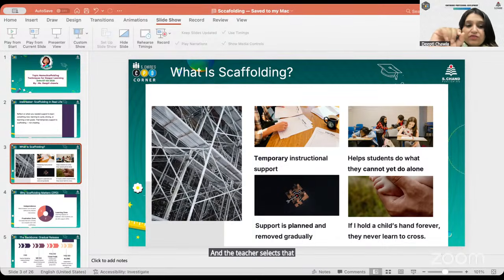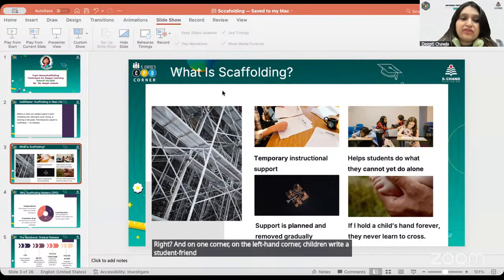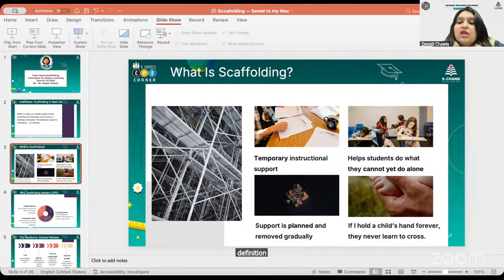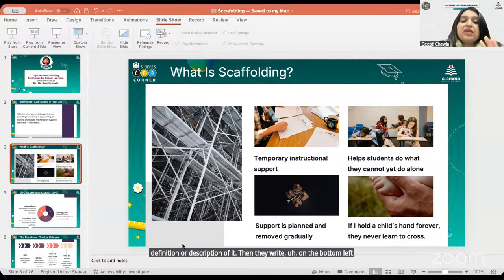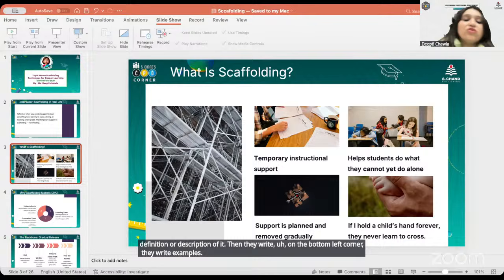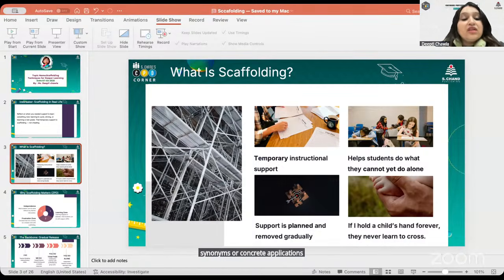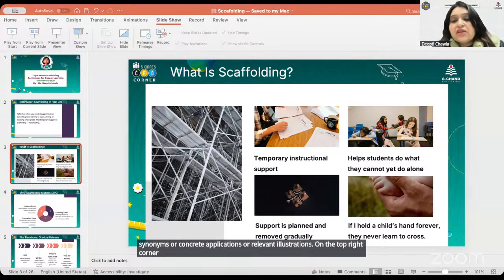It's an important concept to be learned. You want children to learn this, and it can be connected with other related terms, right? On the top left corner, children write a student friendly definition or description of it. Then on the bottom left corner, they write examples, synonyms or concrete applications or relevant illustrations. On the top right corner, they write characteristics.